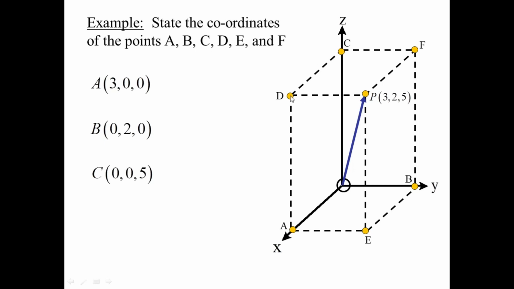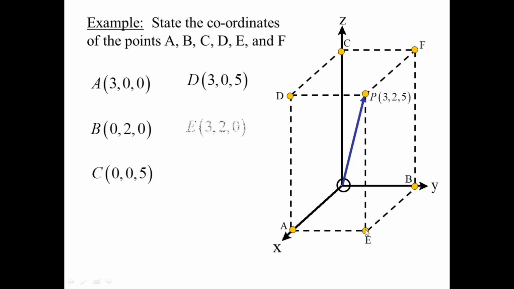A, B, C. That's point. How about point D? Well, we went 3 along the x-axis and 5 along the z-axis. So it must be (3, 0, 5). Point E is located here. How did we get there? We went 3 along the x-axis, 2 along the y-axis, and nowhere along the z-axis.